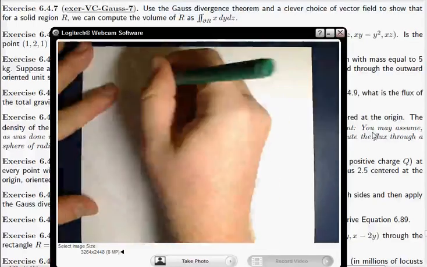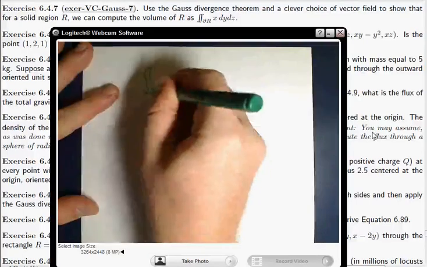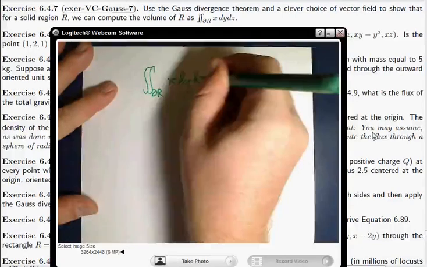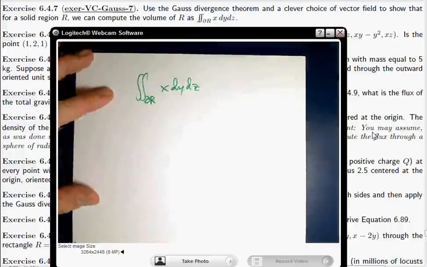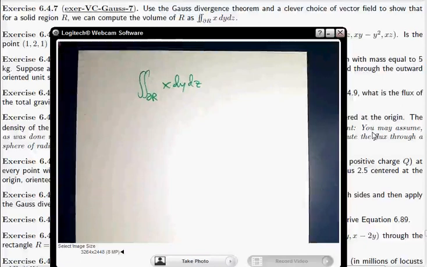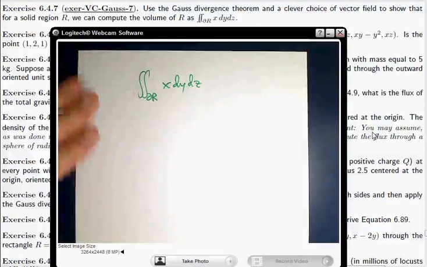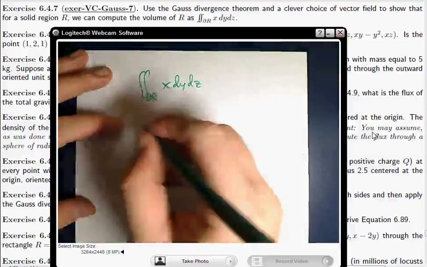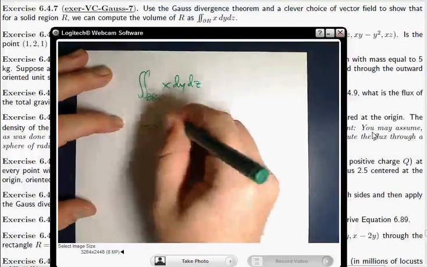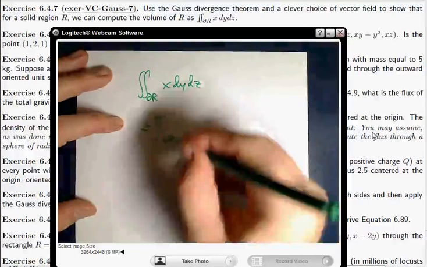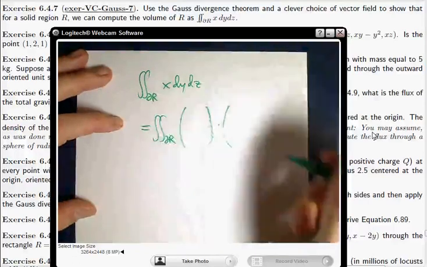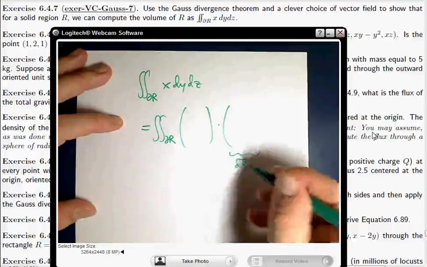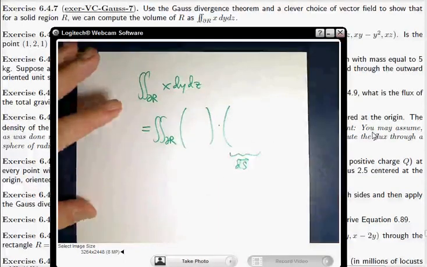Well, the problem says we're looking specifically at flux through the boundary of the region of x dy dz, and I have to remind myself, well, what does this mean in terms of vector field fluxes? Right, this is a coordinate surface integral. It's a little awkward notation, but recall that you can always write such a thing as some vector field dot ds. So I'm going to write down our ds vector differential over here, and ds is always the same thing.